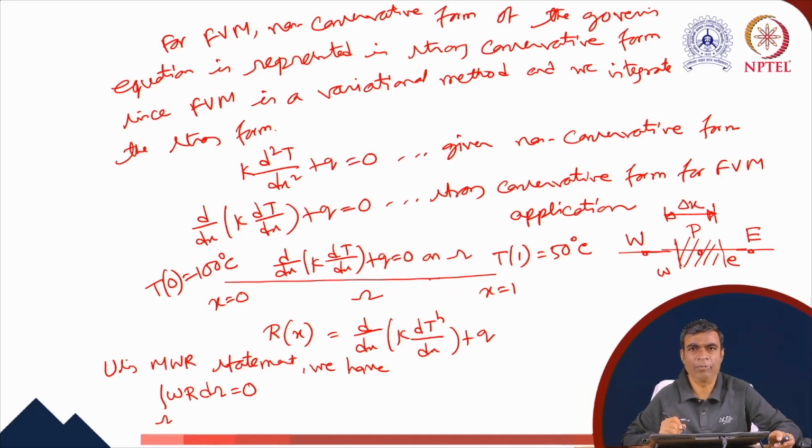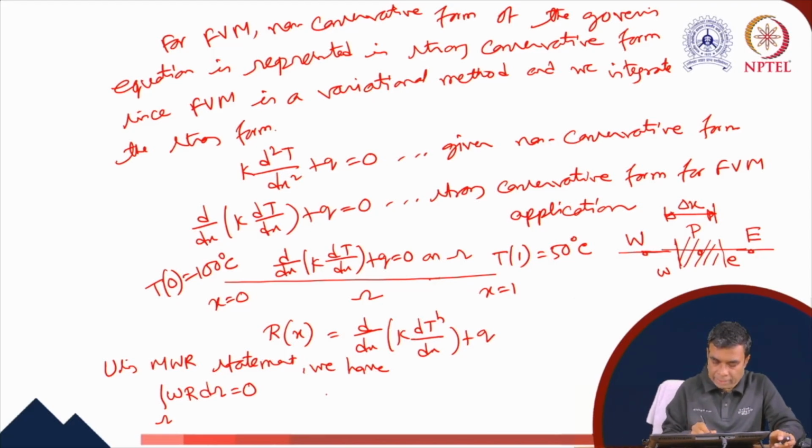Now in finite volume there are two approaches of mesh generation. We can use the cell center method and the cell vertex method. The picture which I have shown here follows the cell center method. It means that at the center of the cell we locate the degree of freedom. So first we show the mesh generation here for the given problem. We use 6 nodal points as we have done in the finite difference case.